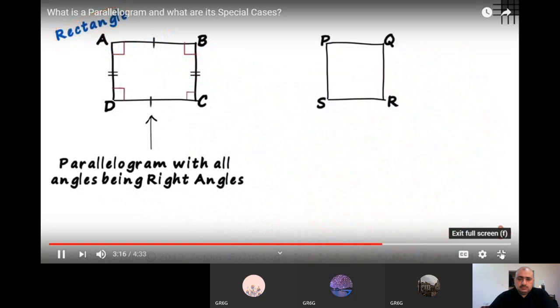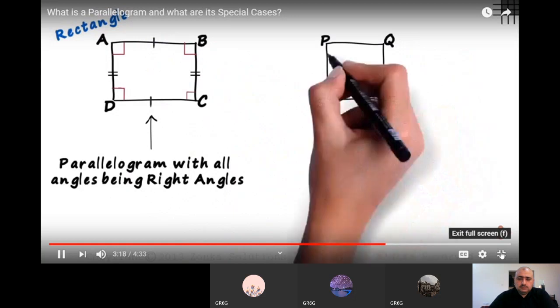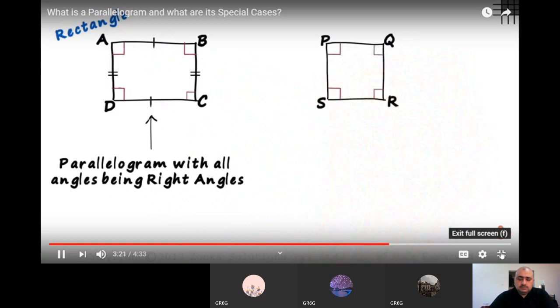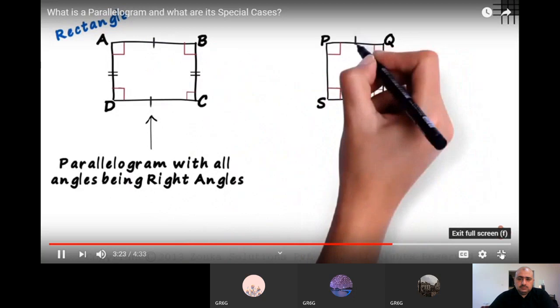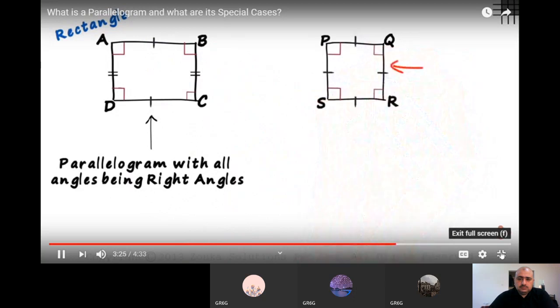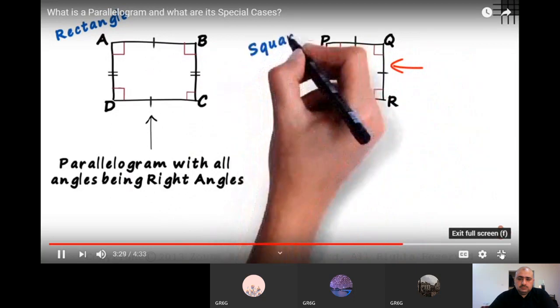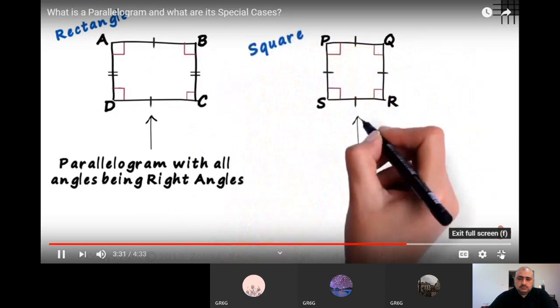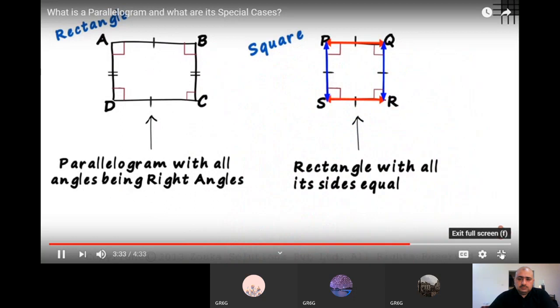Like the rectangle, all its angles are right angles, but it has an additional property. All its sides are equal to each other. This type of quadrilateral is called a square. Basically, it is a rectangle with all its sides equal. The rectangle is a special case of the parallelogram, and this square is a special case of a rectangle.